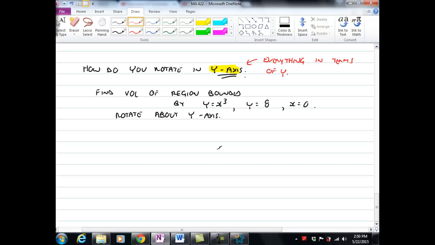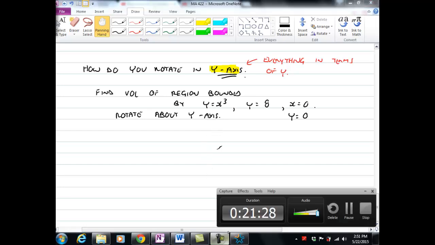Y equals x cubed, x equals 0? If x is equal to 0, what's the value of y? 0. Because I sub into here. So you got to learn how to convert back and forth.